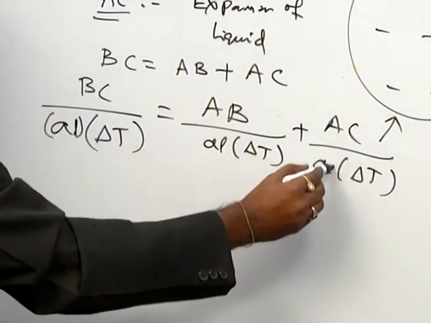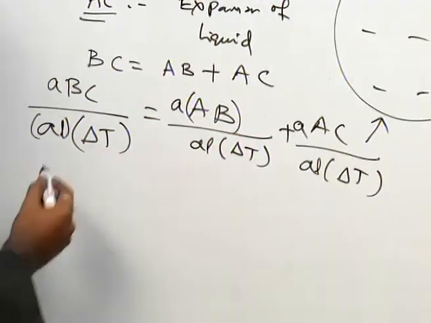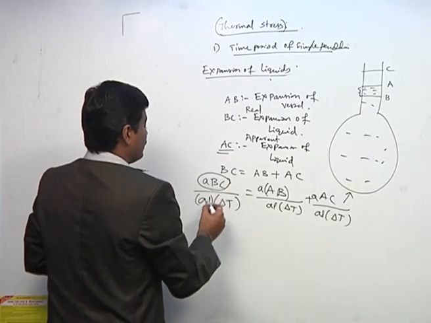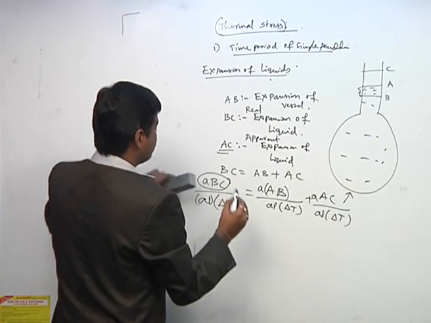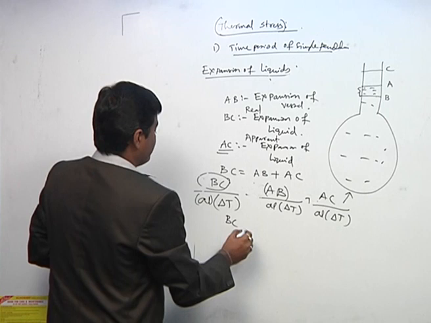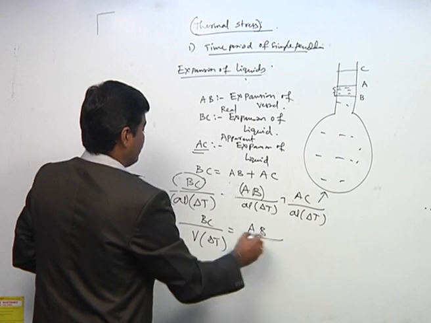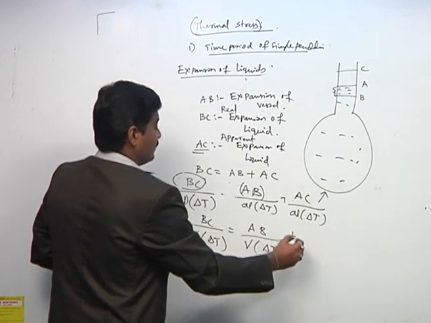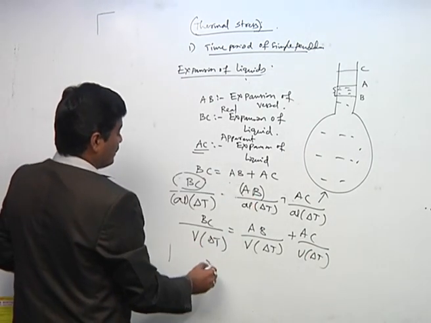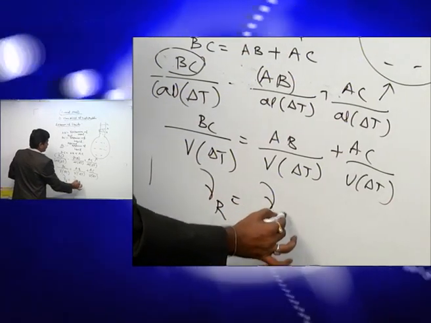So finally we get the change in volume: BC by V into delta T is equal to AB by V into delta T plus AC by V into delta T. So we define gamma real is equal to gamma apparent plus gamma glass.